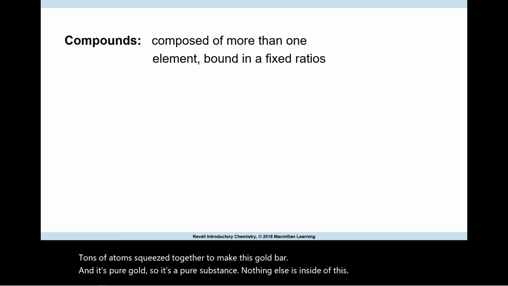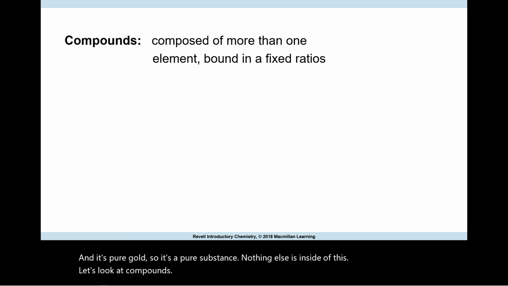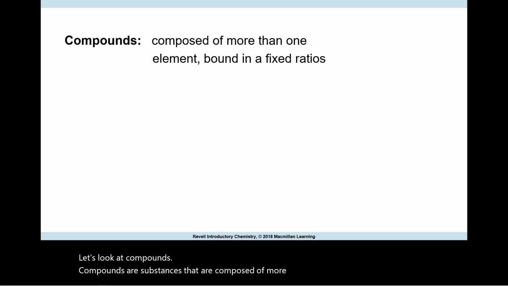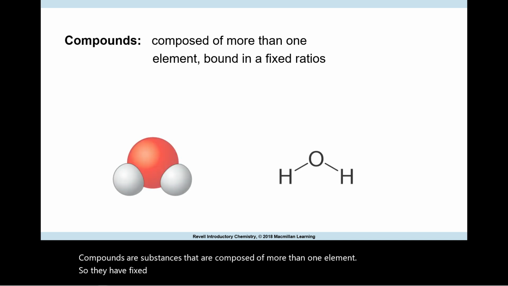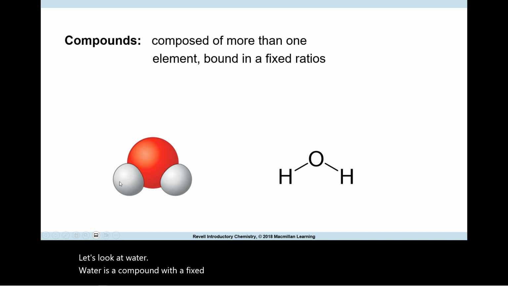Now let's look at compounds. Compounds are substances that are composed of more than one element. So they have fixed ratios. Let's look at water. Water is a compound with a fixed ratio. It's made out of two hydrogens and one oxygen atom.